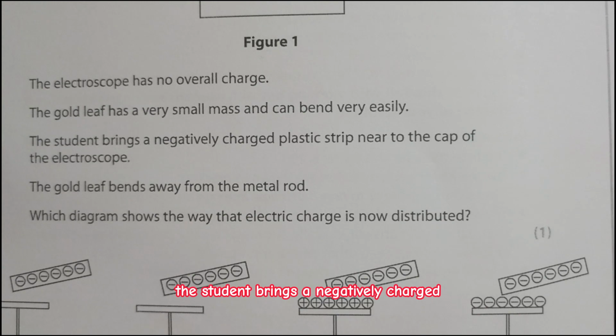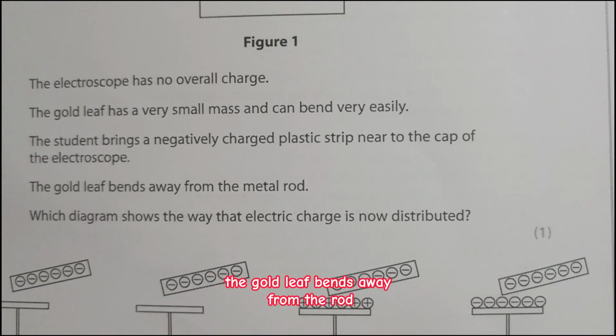The student brings a negatively charged plastic strip near to the cap of the electroscope. The gold leaf bends away from the rod. Which diagram shows the way the electric charge is now distributed?